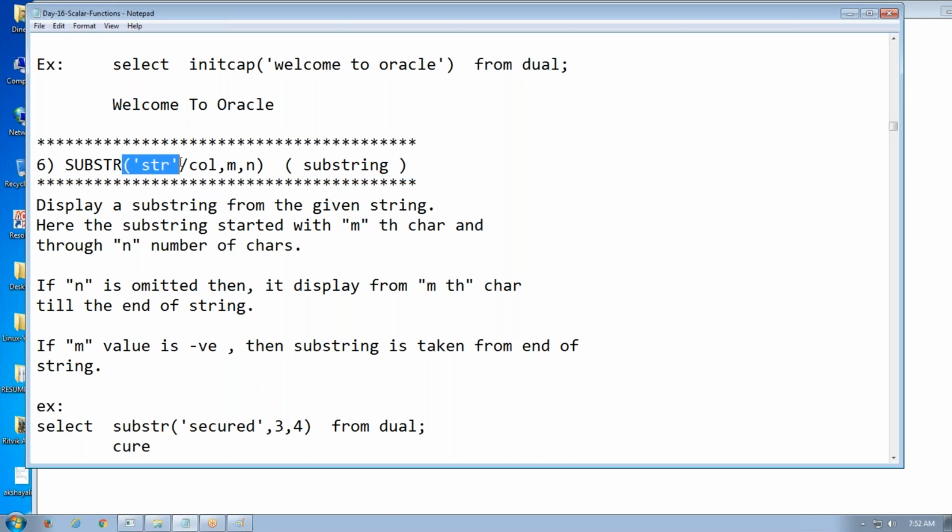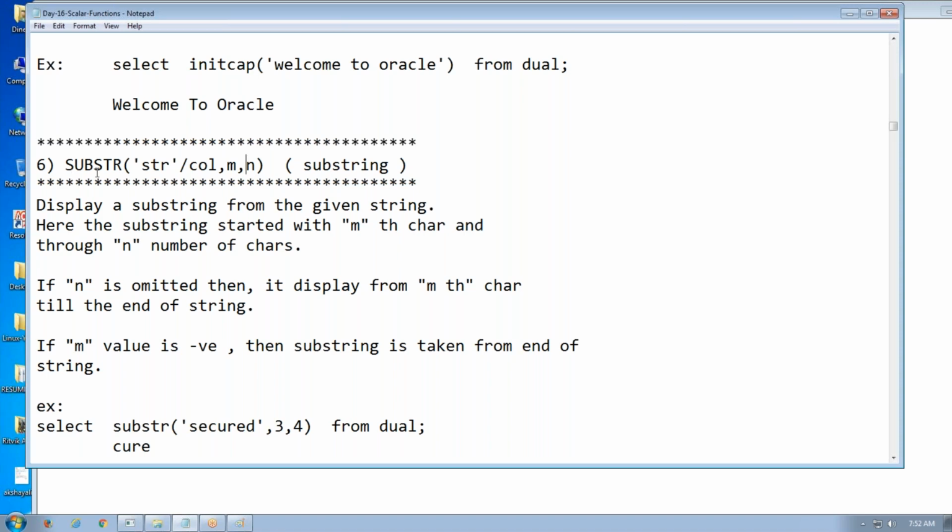It is taking three arguments. The first is the given string. In place of the string you can also write a column name. So the first parameter is a string or column name. The second parameter, m, is from which position, from which character, you want to take. N is, from this position, how many characters you want to take.